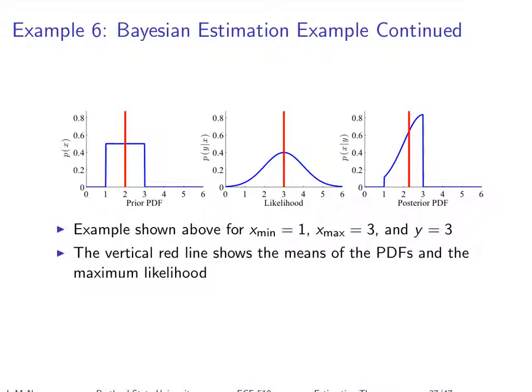Earlier we said most engineers that haven't taken this class would say, if y ends up being outside of the range, then you just set it equal to the maximum value. So we ended up with a PDF that had 2 impulse functions, and otherwise looked like the likelihood function. This was the natural estimator PDF.